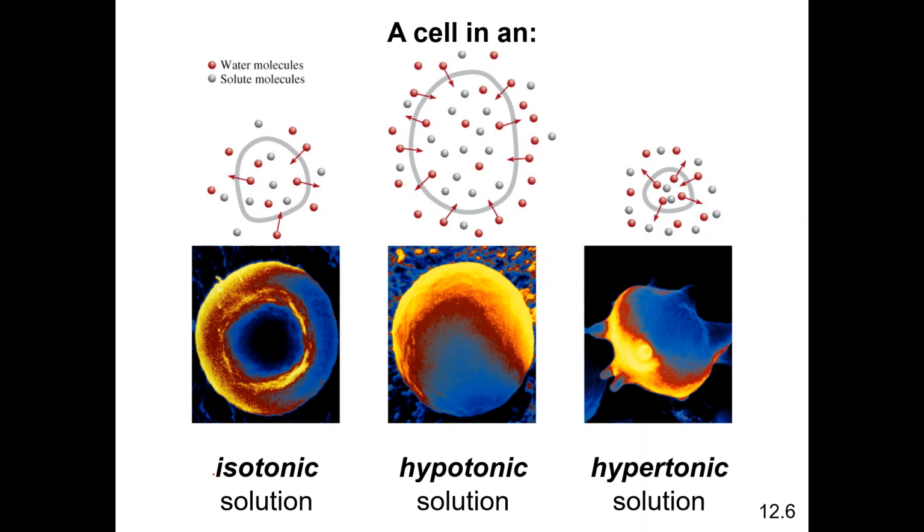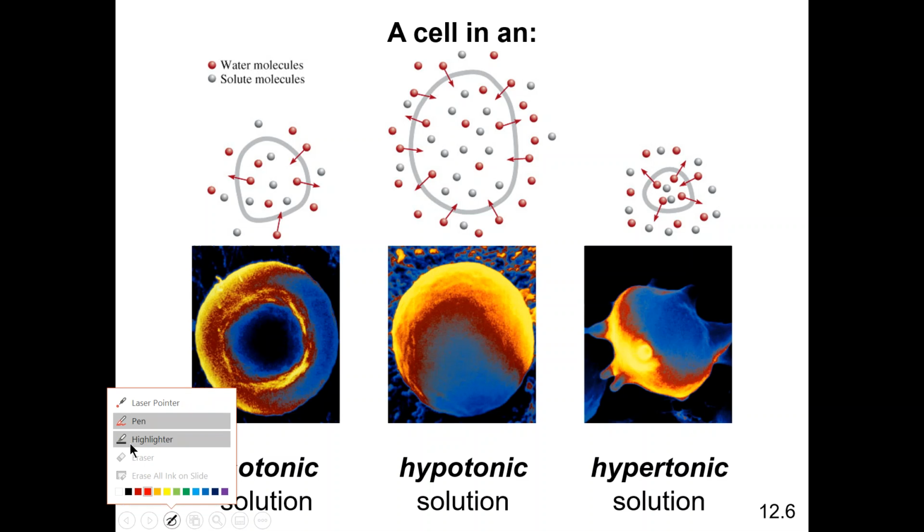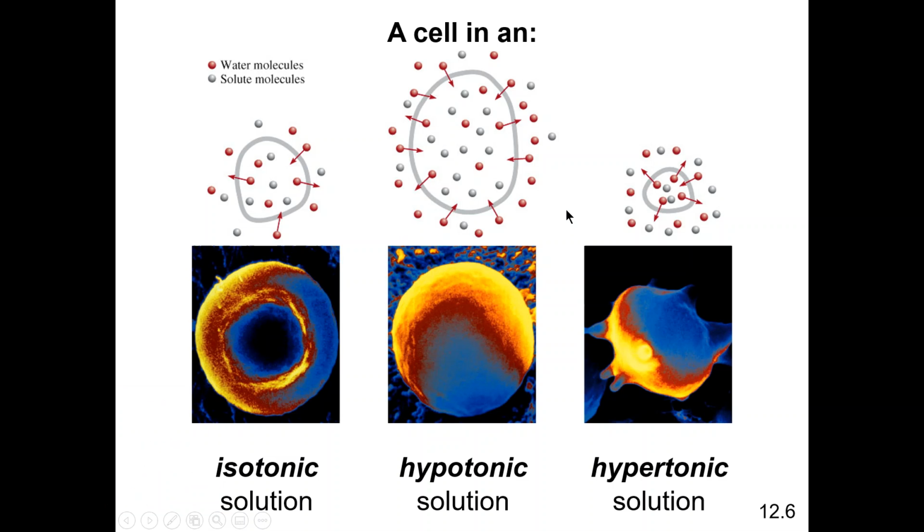Again, that is not desirable. What is desirable is the isotonic situation where the concentration of the particles outside the cell is equal to that inside the cell. All right, so this is just one example of osmosis being important when it comes to biological systems, and there are many others which I won't be able to get into at this time.